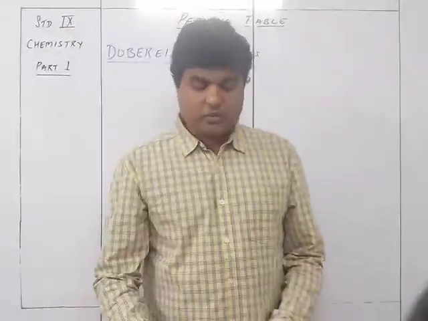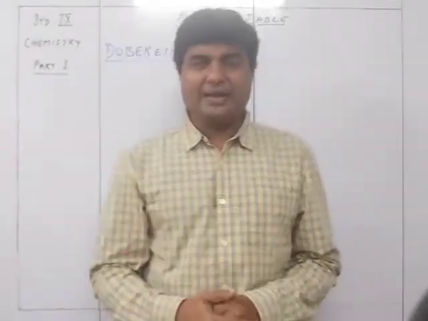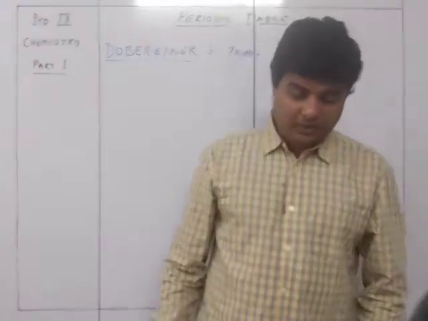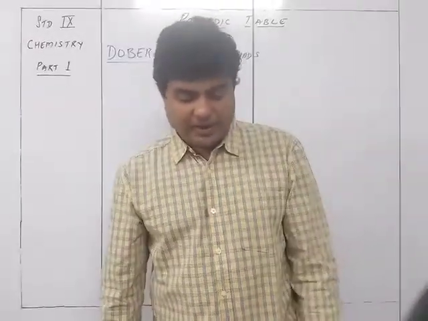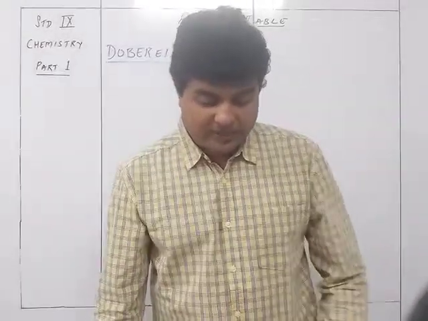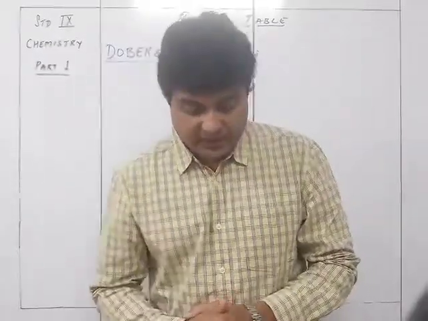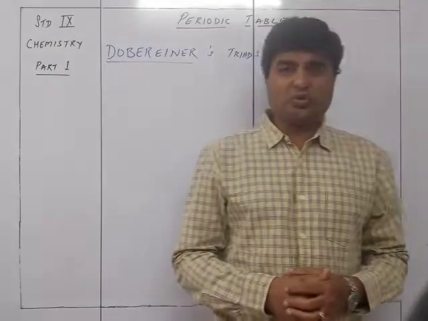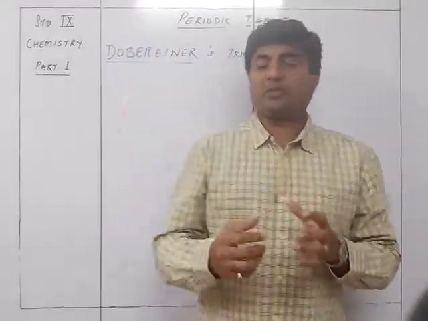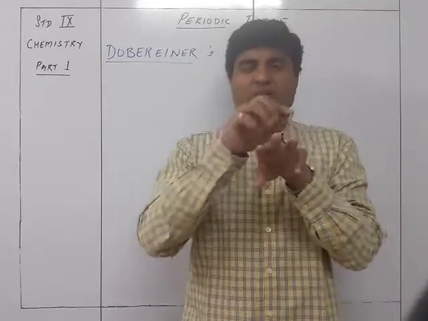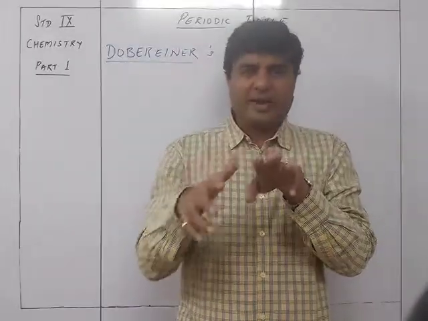I'm just going to read them because there is a detailed treatment later in the chapter, so I'll just go through it in a superficial manner right now. Newlands in 1864 arranged elements in increasing order of atomic weights and suggested that in this series, every eighth element is a repetition of the first. A triad means he made groups of three, and those three will have similar characteristics.